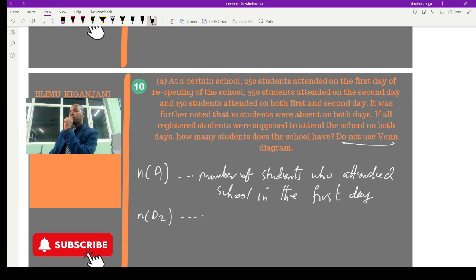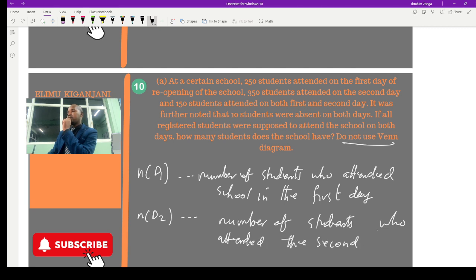ND2 is the number of students who attended the second day. So now we are looking for the total number of students.